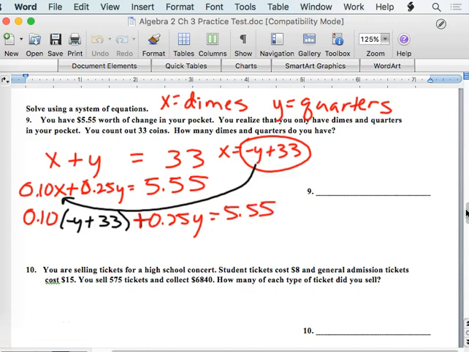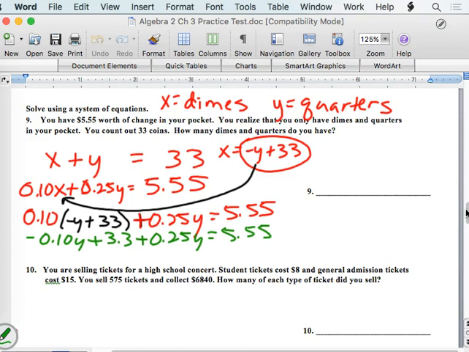And yeah, you probably want the calculator handy. Not a lot of people like to multiply by decimals. And since that big calculator on there is so slow, I'll just grab this because I know you guys can do this. So we would have a negative 0.10y plus 3.3 plus 0.25y equals 5.55.